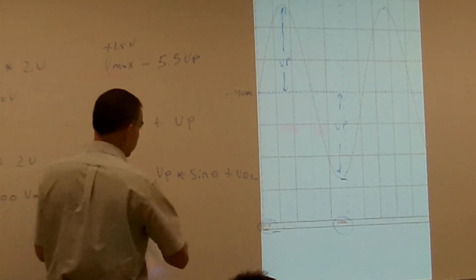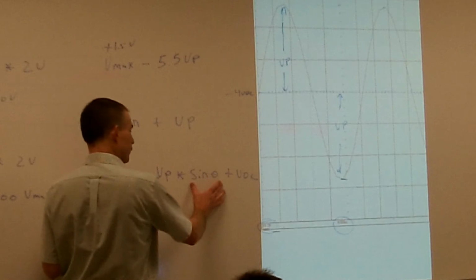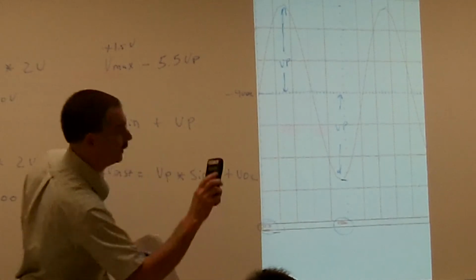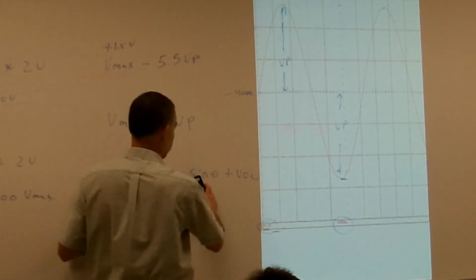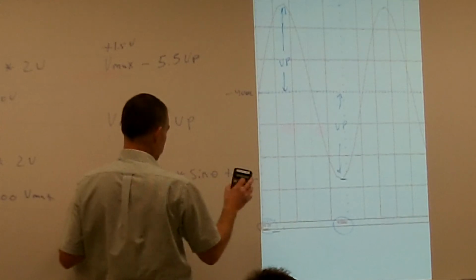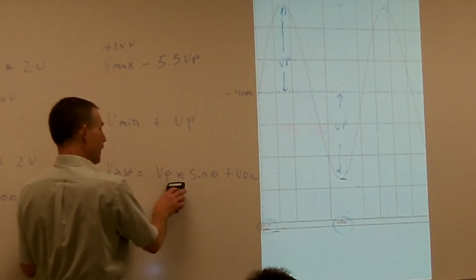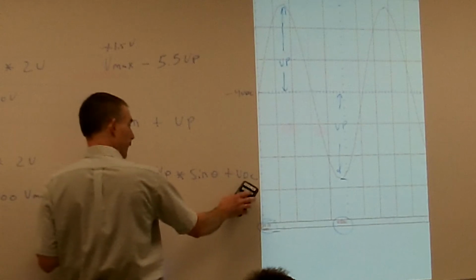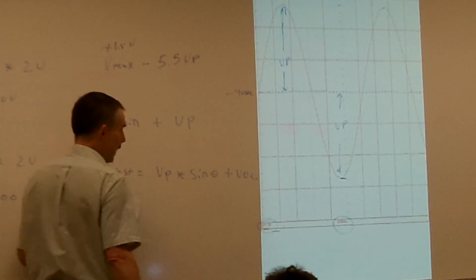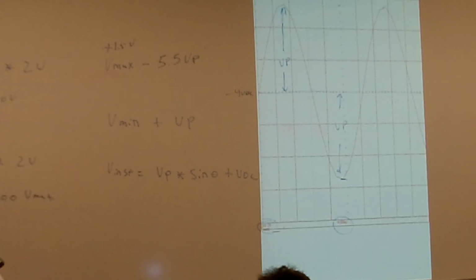So what I would do is take my 45 degrees, if I'm using one of these calculators, hit my sine key, multiply it by my voltage peak, and then whatever that answer is, add my voltage DC offset to it.